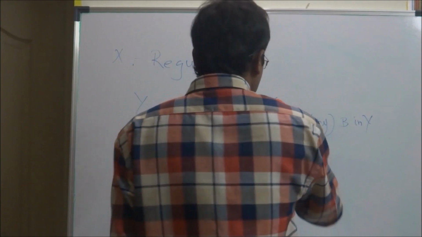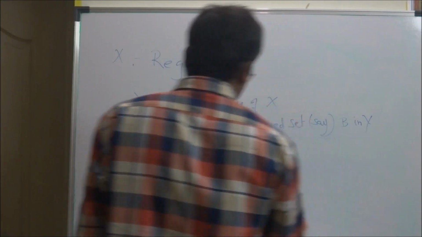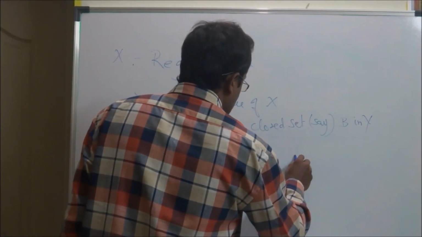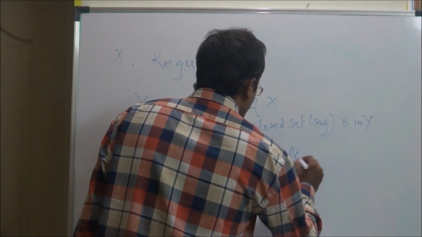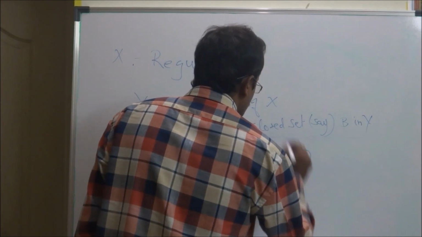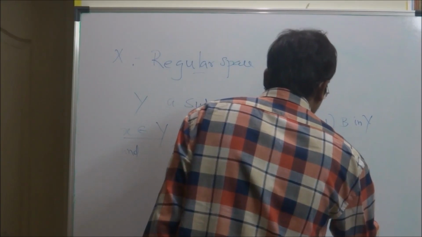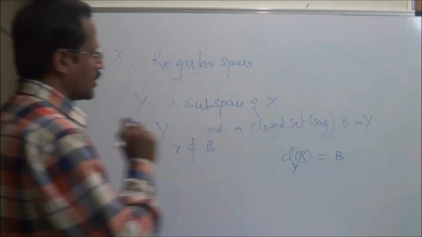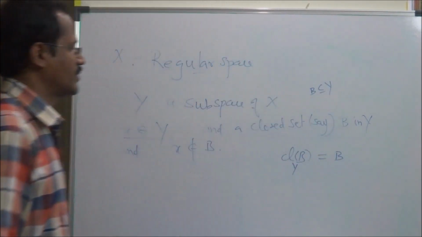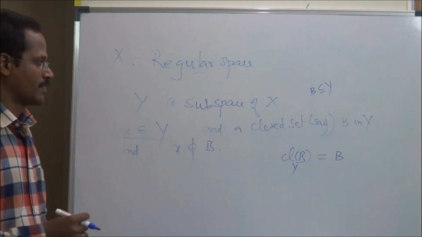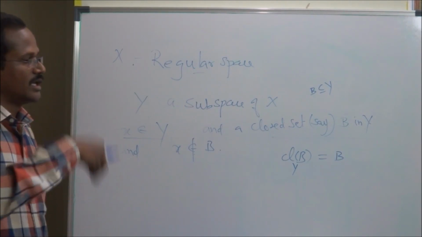Here the set is closed in Y, therefore its closure in Y, that is the closure of the set B with respect to the space Y, equals the set B. Here the obvious facts are B is a subset of Y. We are dealing with a subspace, therefore B is a subset of Y. B closed in Y means that its closure with respect to the space equals itself.